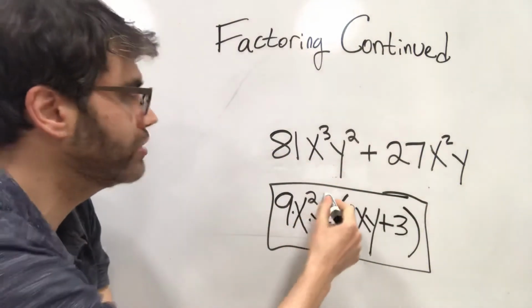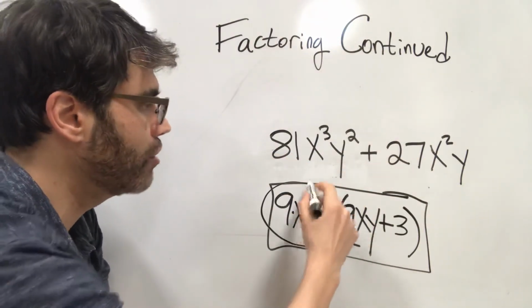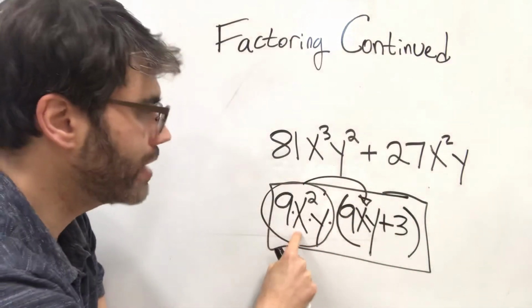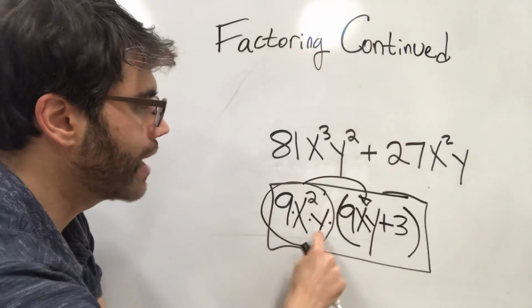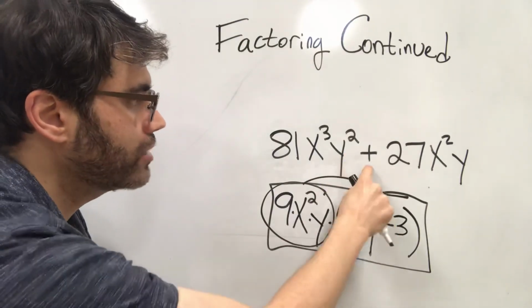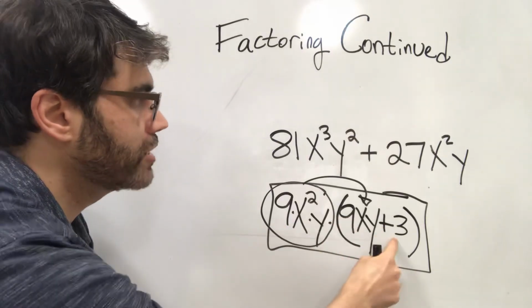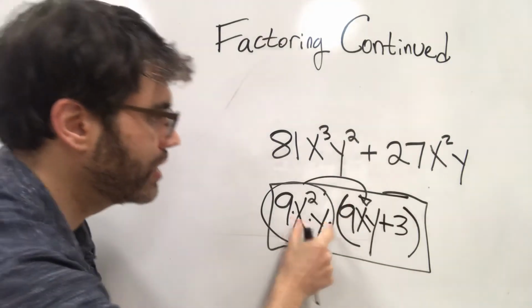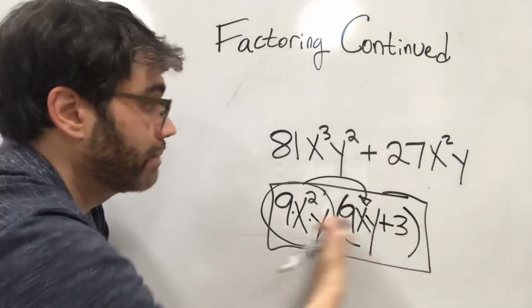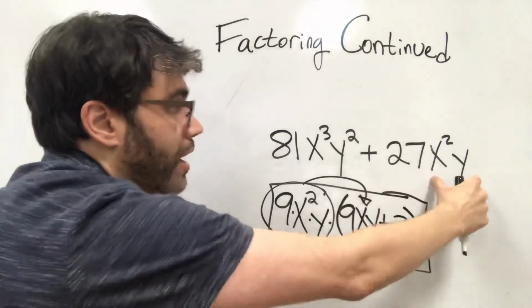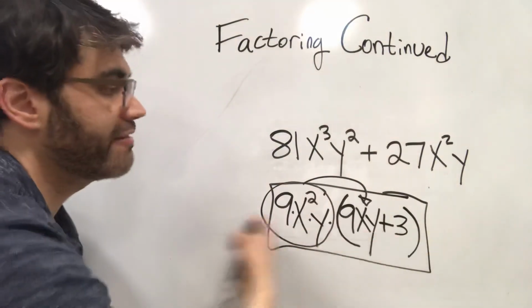Meaning, if I were to distribute this, I would do 9 times 9 is 81, x squared times x is x cubed, y times y is y squared, plus whatever the operation is, you just bring it down. And then 9 times 3 is 27, and there's nothing x or y to multiply, so we just keep that x squared y, and voila, this is the entire factored expression.